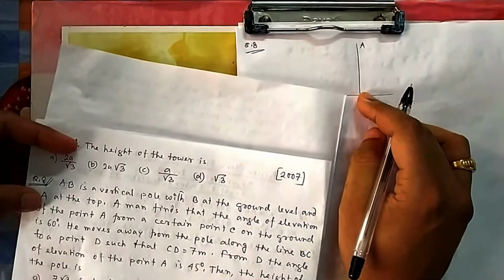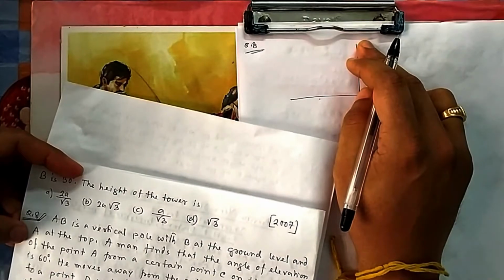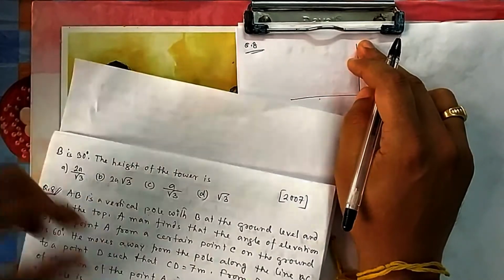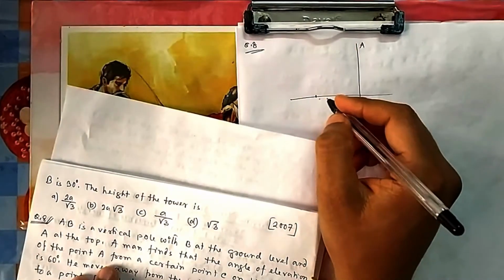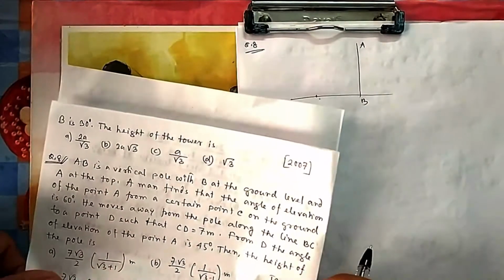AB is a vertical pole with B at the ground level and A is the top. A man finds the angle of elevation of point A from a certain point C on the ground to be 60 degree.